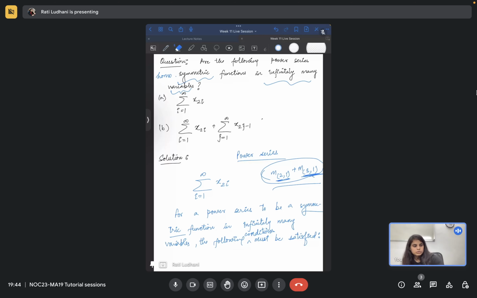I am concerned about homogeneity right now, but there is no issue there. It's okay if we just consider symmetric functions. But the given polynomials are homogeneous, so it's fine to consider homogeneity also. So first is again all the terms have the same degree.